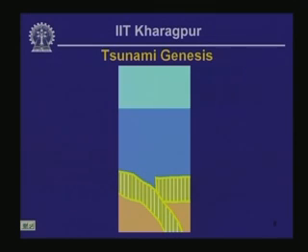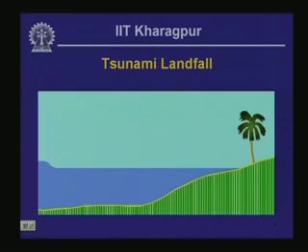So this wave is going to start propagating outward, and finally the wave is going to reach a shoreline, and on this slide we are going to see schematically what is going to happen as a tsunami wave approaches a coastline.